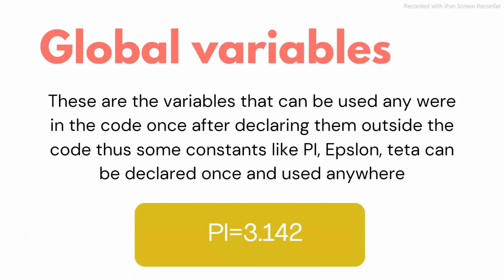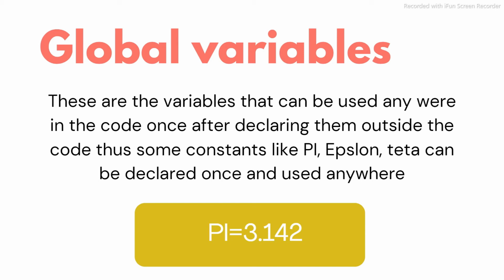At last, we have the global variables. Global variables are the thing that, once you declare them, you can use anywhere you want. Means in the whole code, if you write x equal to 10, then you say x plus 1, it is going to give you the answer 11.